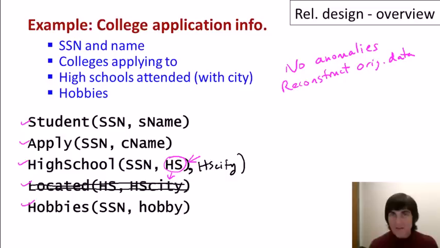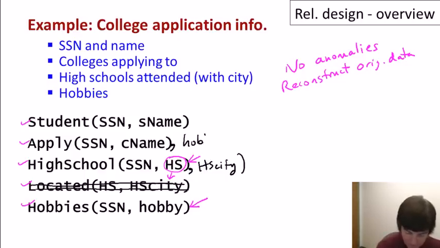As another example, suppose a student doesn't want all of their hobbies revealed to all of the colleges that they're applying to. For example, maybe they don't want Stanford to know about their surfing. If that's the case, then we can modify the design again, and in that case we would put the hobby up here with where they're applying to college. And so that would include the hobbies that they want to reveal to those particular colleges, and we'll take away this one.